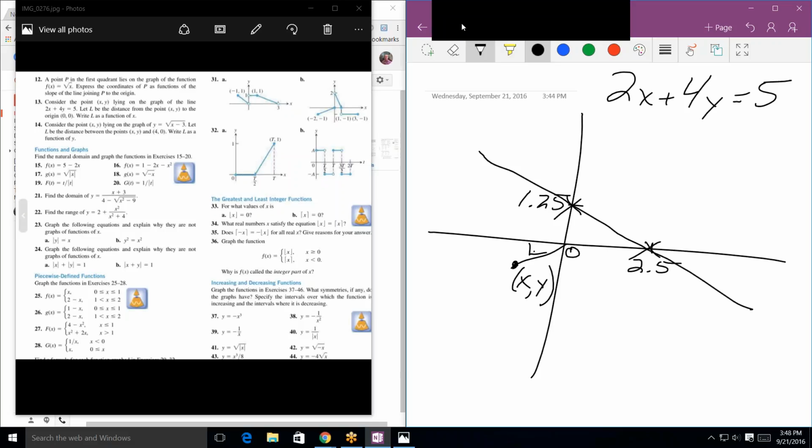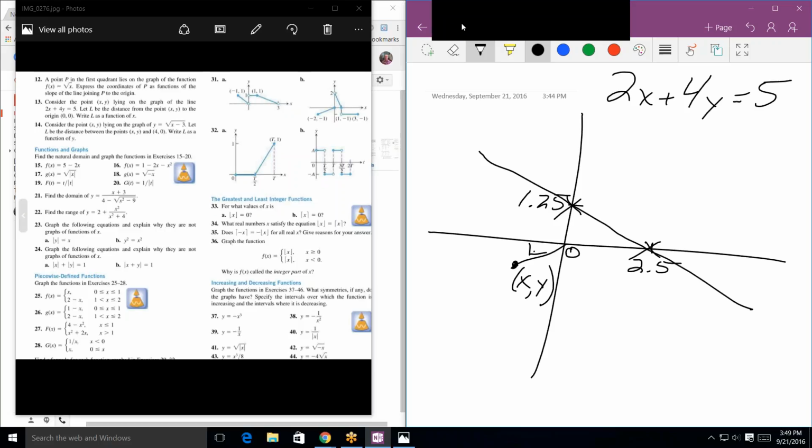Now, let's proceed. Write L as a function of x. Hold on a minute. What does L have to do with that line is my question. In other words, that line could be a lot of different things. All right, let's just proceed.